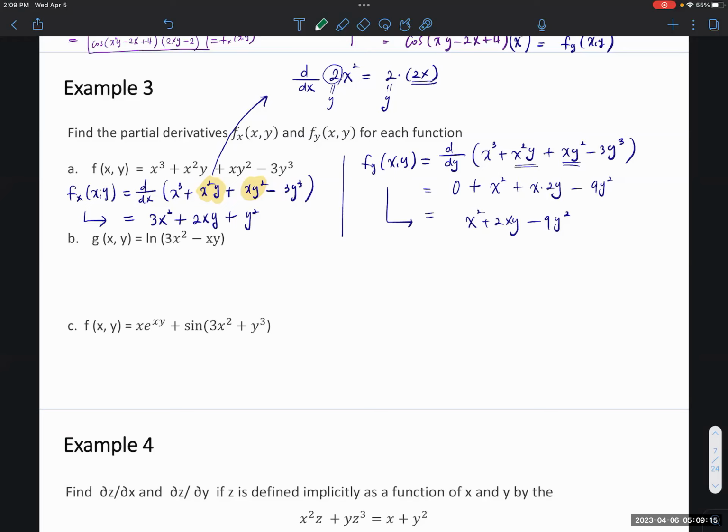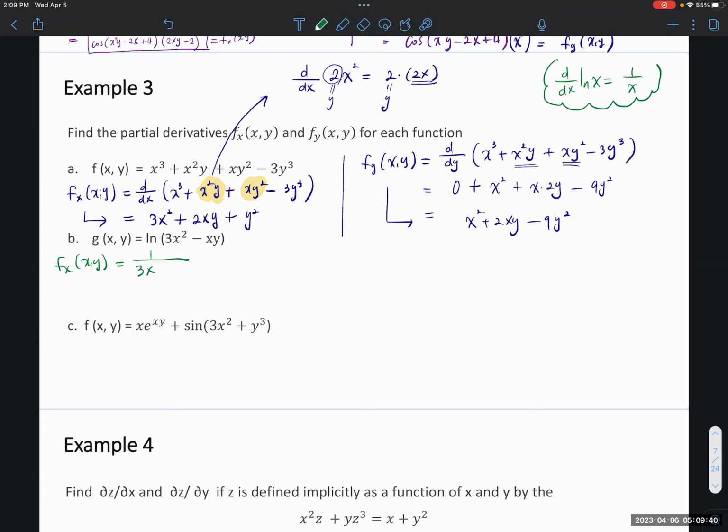Okay, this is ln. If you remember, d over dx of ln x was 1 over x. So that's the same rule we're going to apply for f sub x of x, y. It's a chain rule as well, inside of the ln. So first, 1 over 3x squared minus xy.